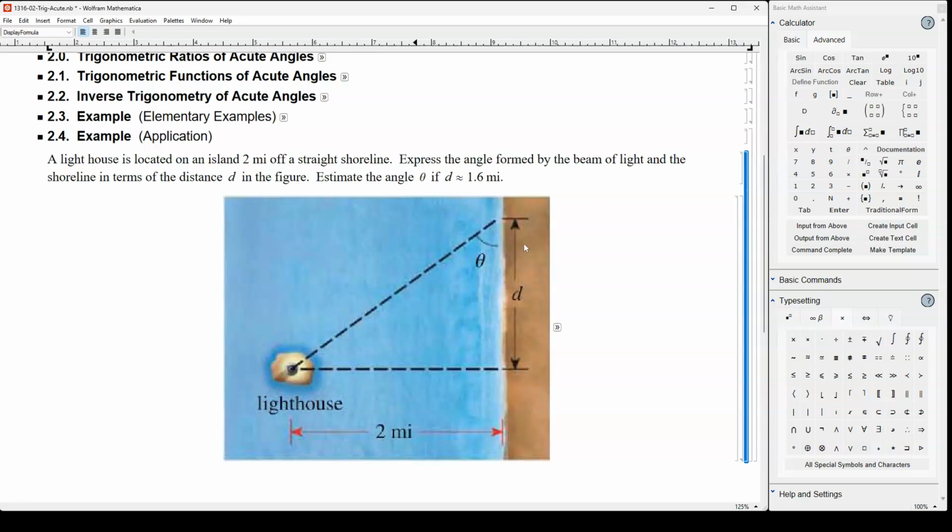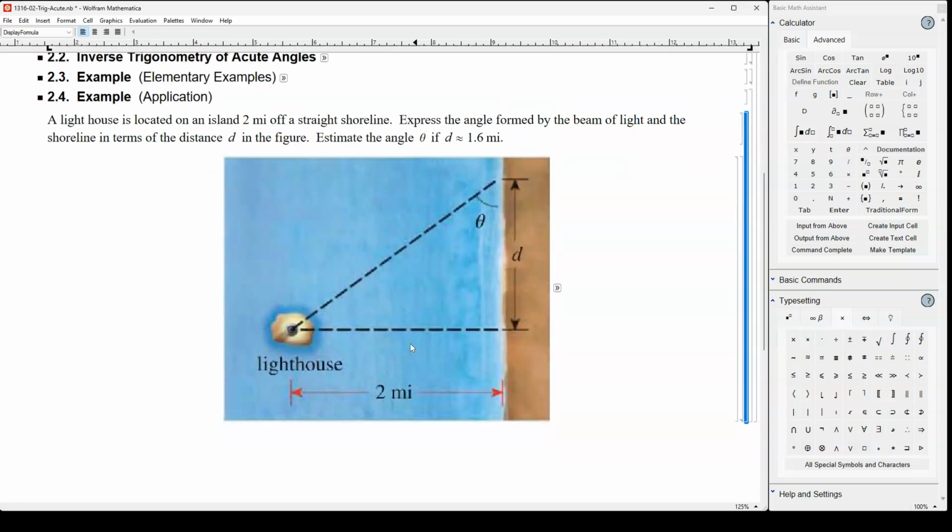Alright, we have a triangular figure. And then, let's see. Do we know the hypotenuse? d is adjacent to this angle theta. 2 miles, that's opposite. Do we know the hypotenuse? We don't.